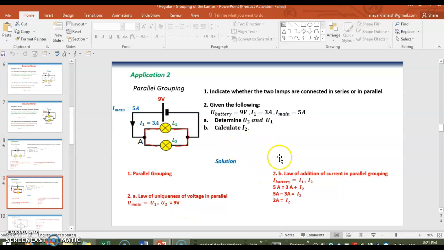While for part B, calculate I2, we have that by law of addition of current in parallel grouping, you have to mention the law and then write the rule, which is I battery equals I1 plus I2. Then do the substitutions. 5 ampere equal 3 ampere plus I2. Bring 3 to the other side, change its sign, it becomes minus 3 ampere, so 2 ampere equals I2.